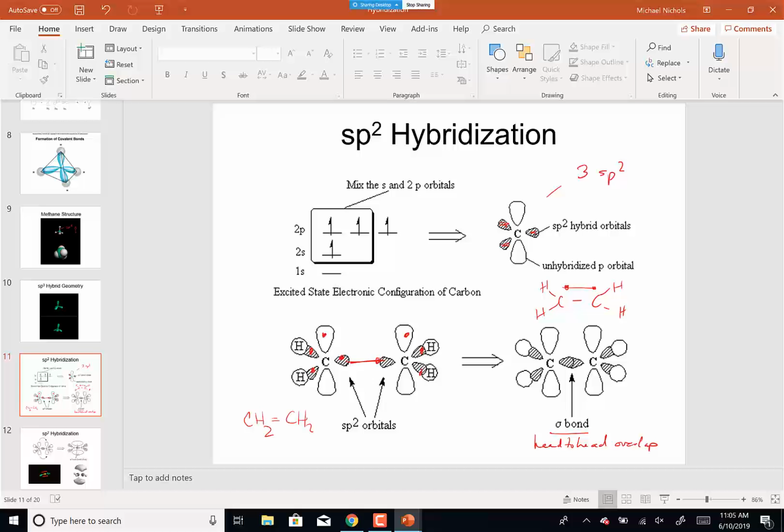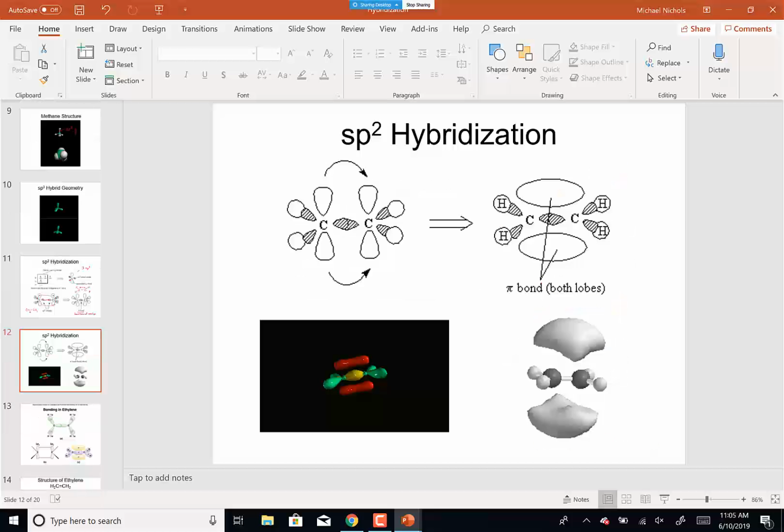What does that mean? That means I'm going to now overlap these p orbitals. P orbitals can only overlap side to side with each other. And what's that called? That's called pi bonding. So pi bonds occur when two p orbitals overlap side to side.